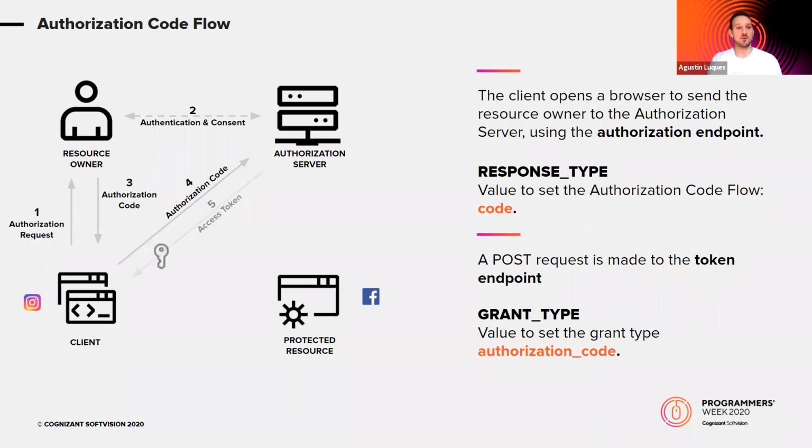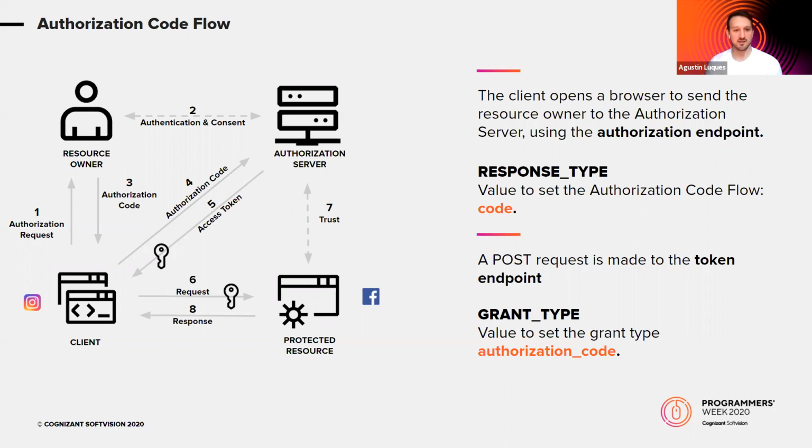Now the server will validate this code and return back the access token. And this is the access token that the client will use later for each request to the protected resource to access it. It's important to mention that the protected resource trusts the authorization server and trusts that this access token is a valid one.